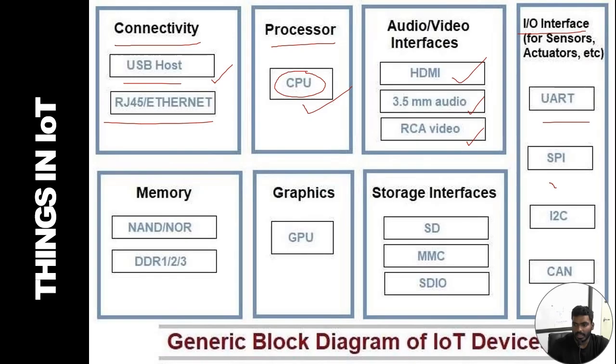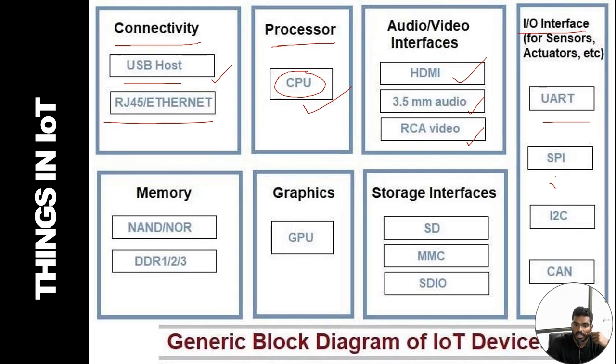And coming to SPI, the Serial Peripheral Interface, it facilitates fast communication between the device and multiple sensors.